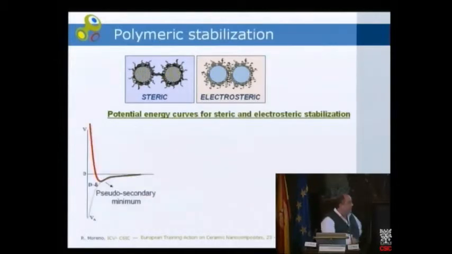In general, we consider these steric or electrostatic mechanisms, in which the evolution of the potential energy against distance is like that I show here, in which there is no primary minimum because particle surfaces cannot touch each other as they are covered by the polymer chains.